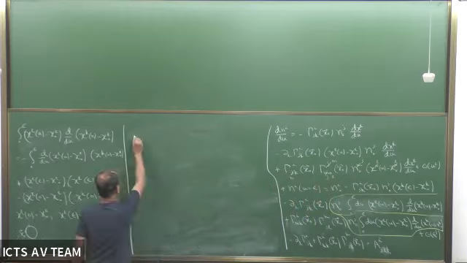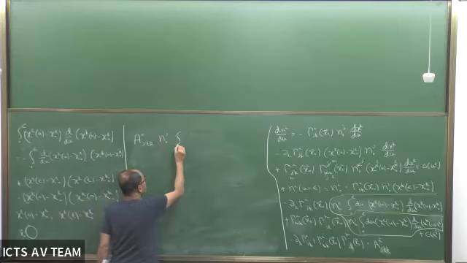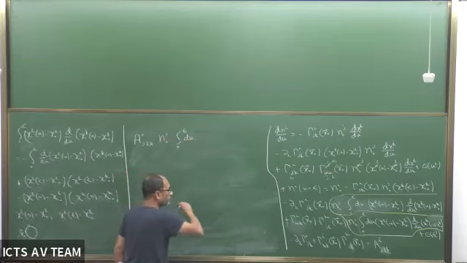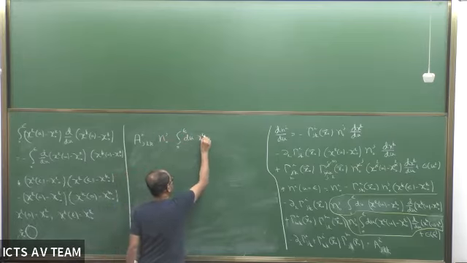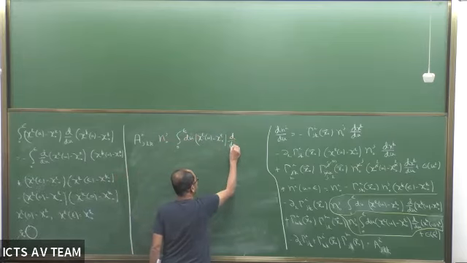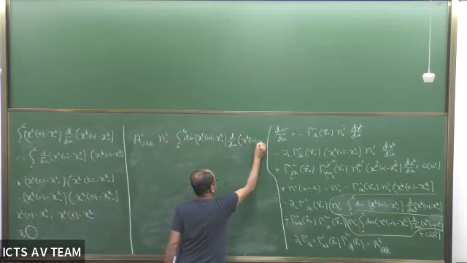Now the expression that we have is A I J L K N naught J, and then integral 0 to epsilon du of xl of u minus xl naught, du, of xk of u minus xk naught.